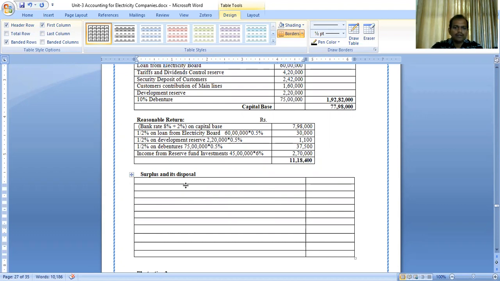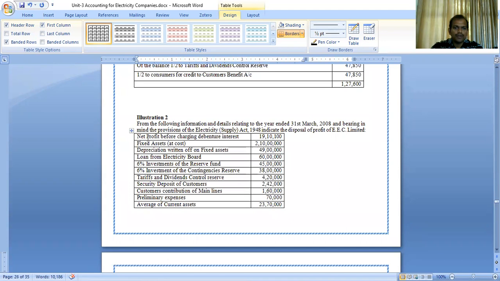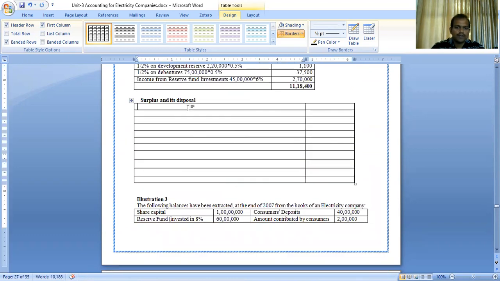So let us take the profit before charging depreciation and debentures interest, that is 19 lakh 10,000, less interest on debentures.